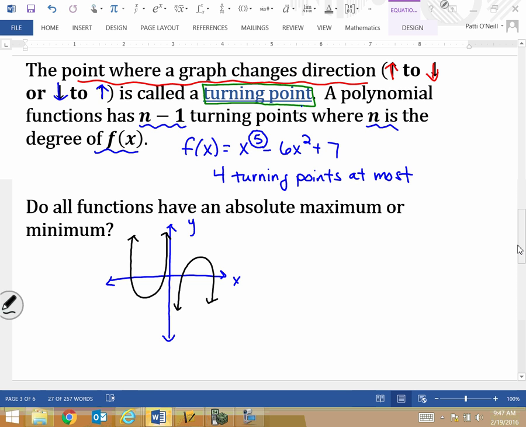In both of these scenarios, I have a minimum in the first, a maximum in the second. Both of those values are absolute extrema values because there is no value lower in this one or no value higher in that one on the graph of the function. So when our graph is even degreed, it seems that we have absolutes.